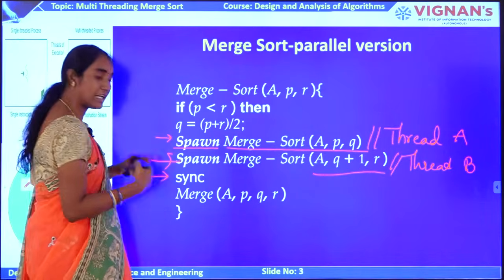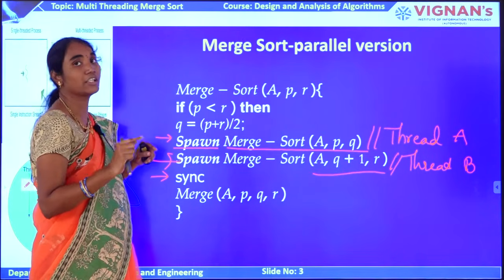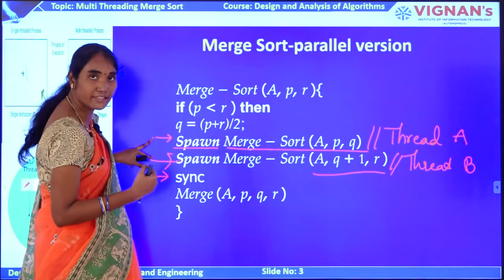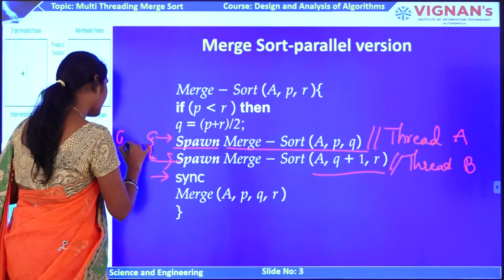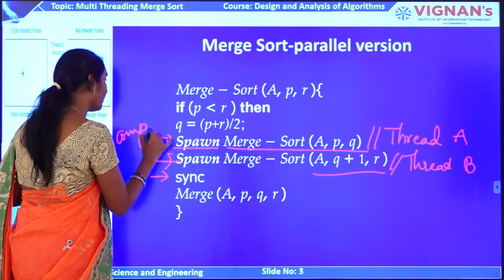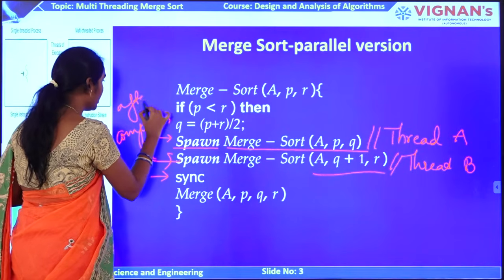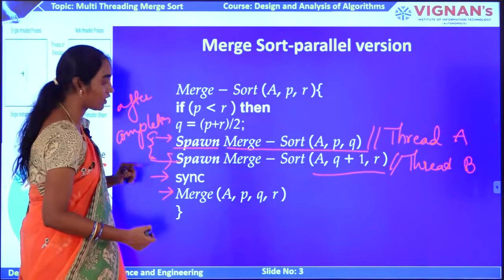This sync will start whenever the children are completed, right? Here the spawns are the children. So until the completion of these two, the next instruction will not be started.